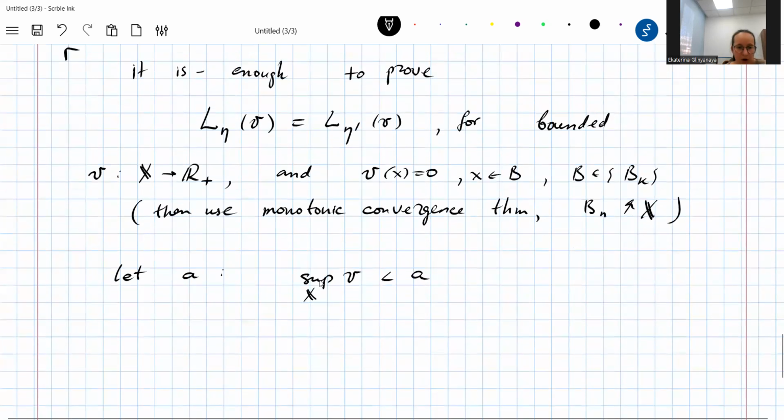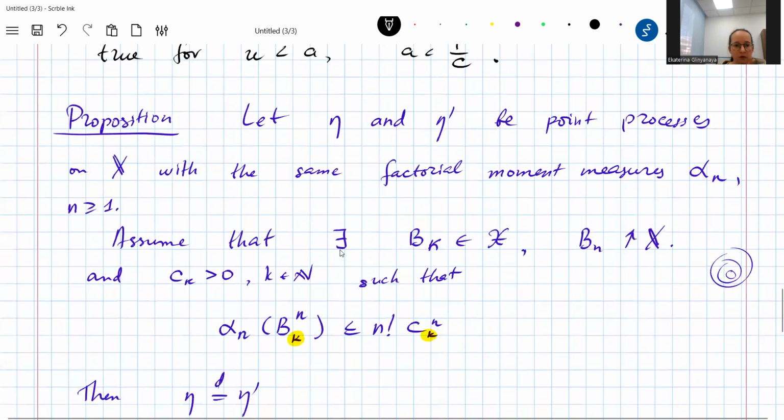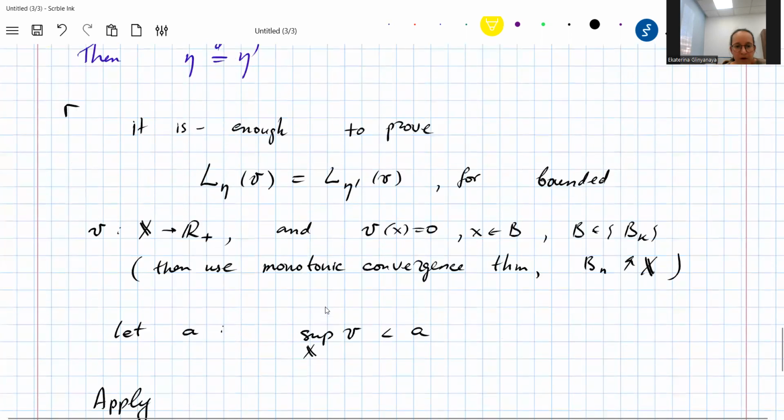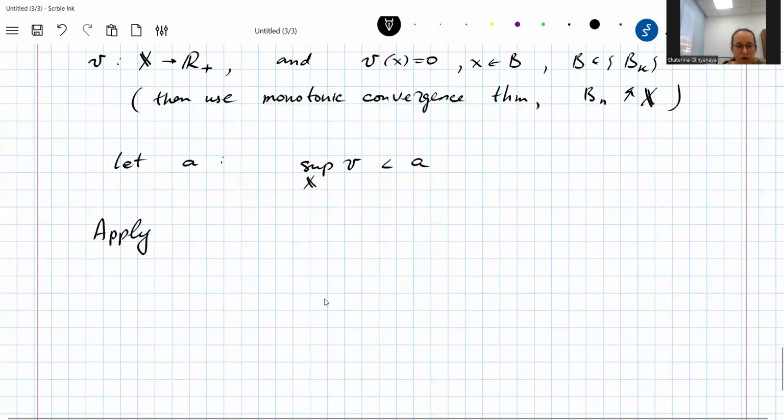So now let us apply the previous formula, let me denote it as star, to the function u. What is a Laplace transform? This is just the expectation of the exponent of the integral of this function.